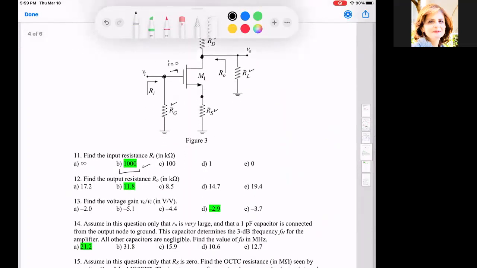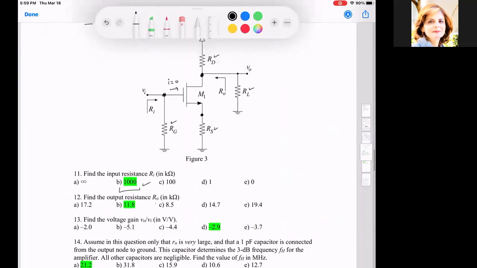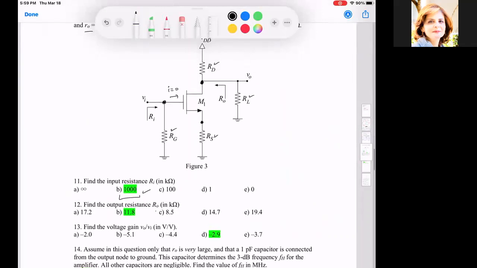Now find the output resistance RO in kilo ohm. He's asking me to find RO. Note that RD is not the load. Typically, for the output resistance we don't include the load resistance. This is going to send current up and down. The gate is grounded in small signal, and Vn is going to be set to 0.